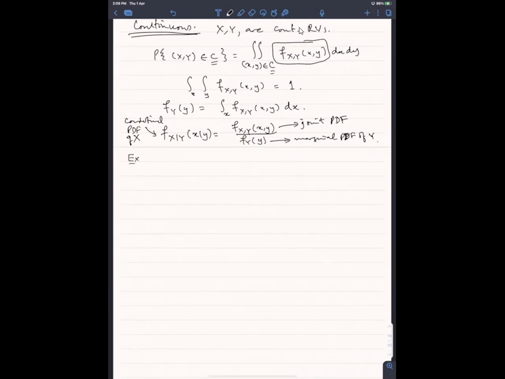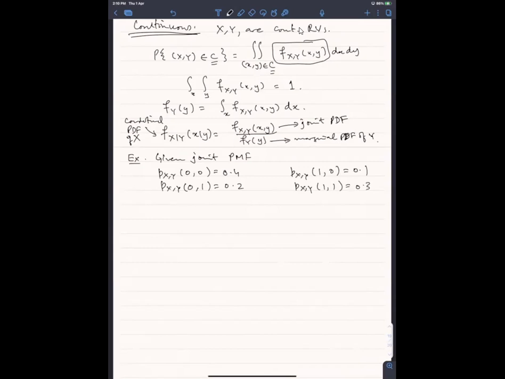The joint PMF is given to you: P_XY(0,0) is equal to 0.4, P_XY(0,1) is equal to 0.2, P_XY(1,0) is equal to 0.1, and P_XY(1,1) is equal to 0.3.